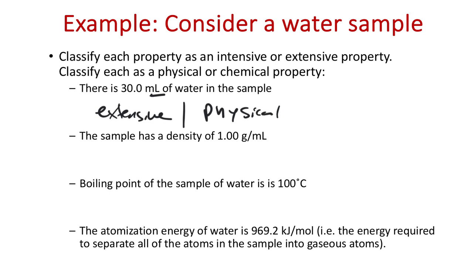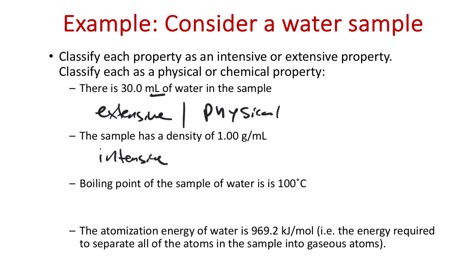So if we say the density, we have a new property. We're telling you that the density of water is 1.00 grams per milliliter. If you're savvy, you might know the density of water is temperature dependent. So if you get very precise, it's not precisely 1.000 out to infinity, but about 1 gram per milliliter. What type of property is that? Intensive or extensive? That's the intensive property, because that is the characteristic density of water.